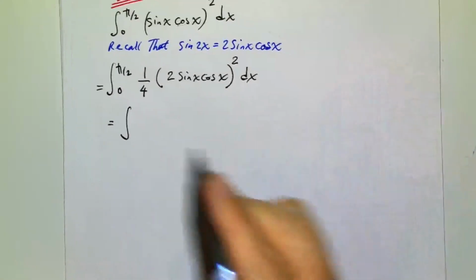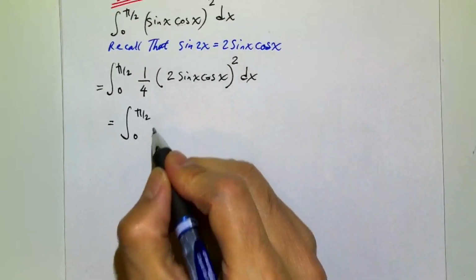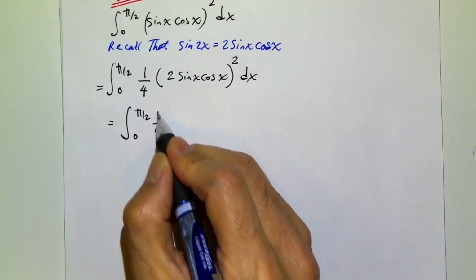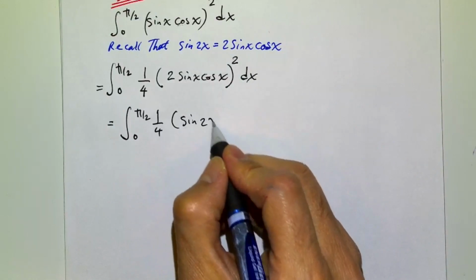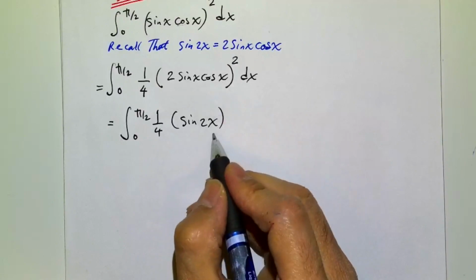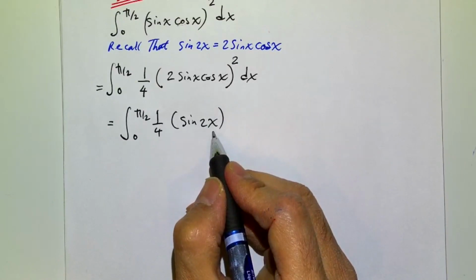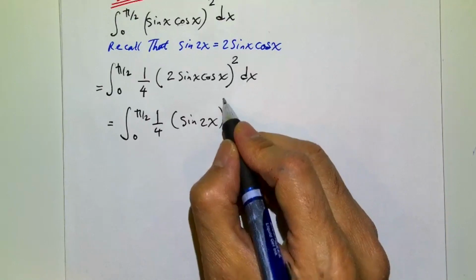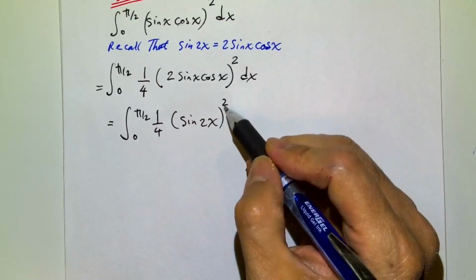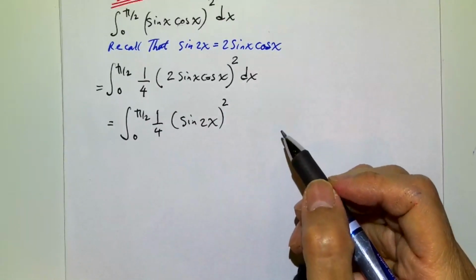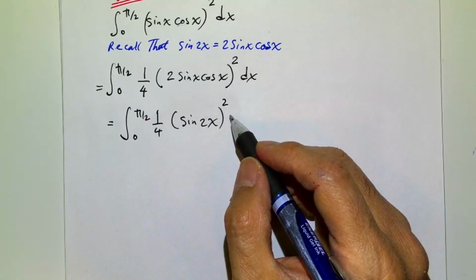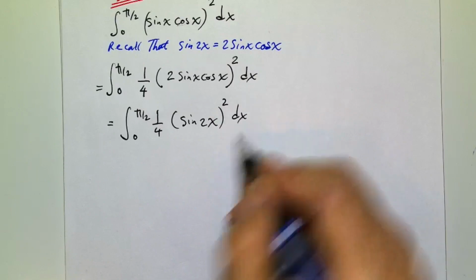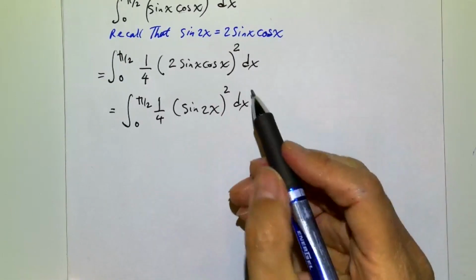Okay, so now we can write 0 to pi over 2, 1 over 4, and now I'm going to do what I intended from the beginning and rewrite this as sine 2x. And so sine 2x, we can handle that with a half angle formula later. And then dx, okay, like that.